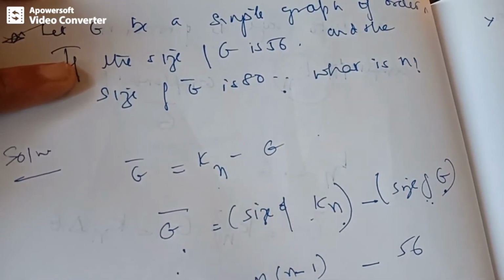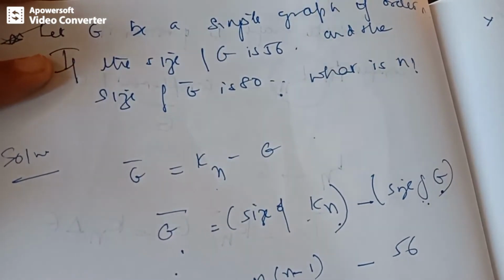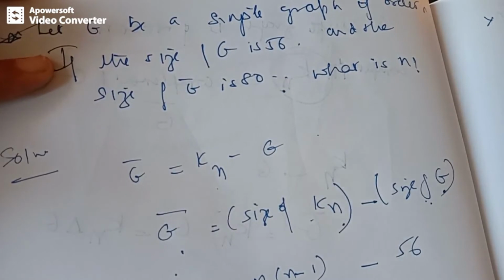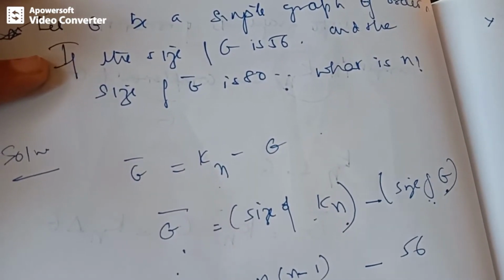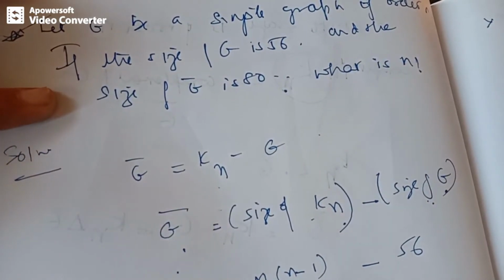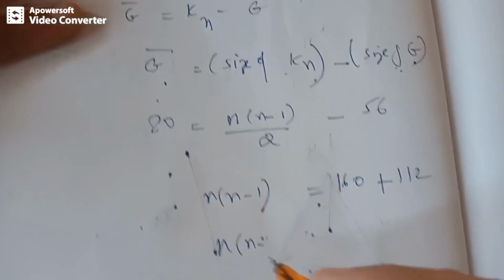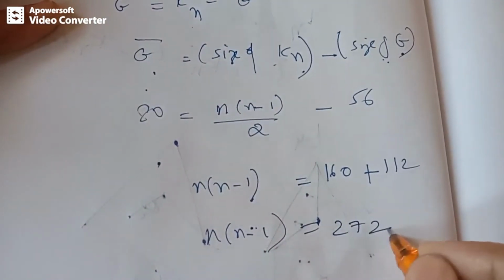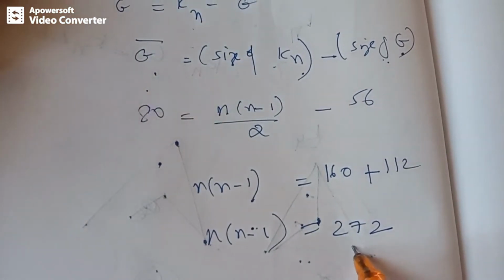So we get n into n minus 1 is 160 plus, multiplying this out, 112, so n into n minus 1 will be 272, right? And how can we split this up?